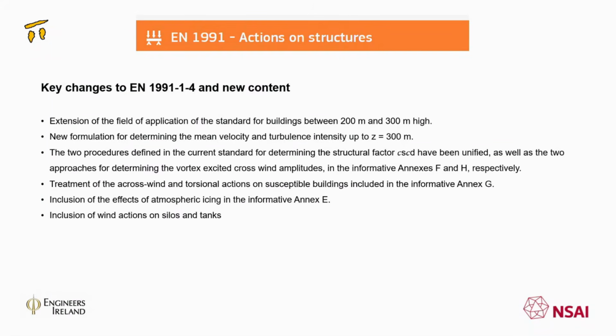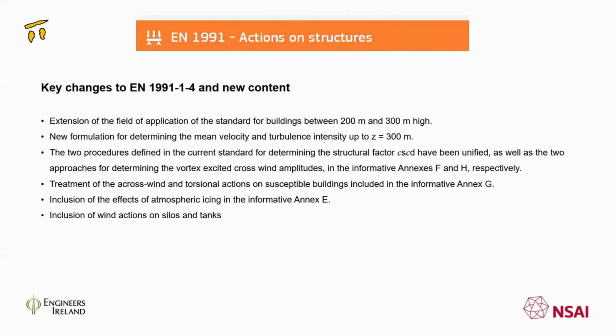But a new Irish national annex will have to be prepared, and that national annex will be similar, I would imagine, to the UK national annex. Work is going on, and there are some people who are sitting on groups developing both codes. So changes are going to be made, and this would be a significant enough change.